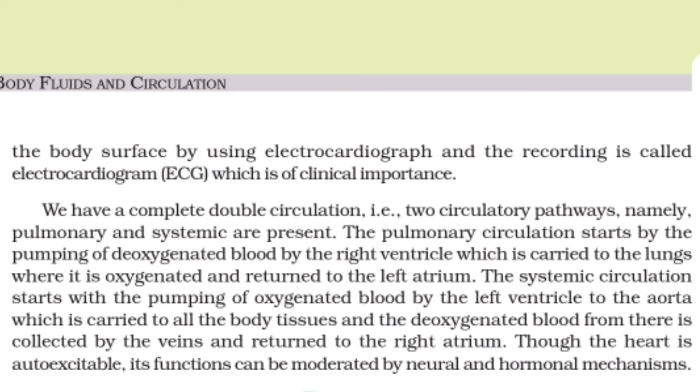The systemic circulation starts with the pumping of oxygenated blood by the left ventricle to the aorta, which is carried to all body tissues, and the deoxygenated blood from there is collected by the veins and returned to the right atrium. Though the heart is auto-excitable, its function can be moderated by neural and hormonal mechanisms.